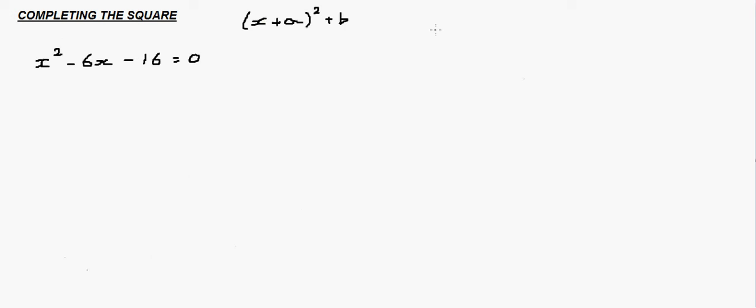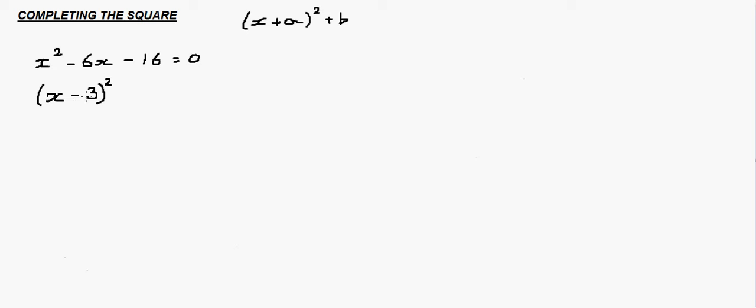Okay. So we've got a new equation here. x squared minus 6x minus 16 equals 0. So we put it in this form. We take one of the x's, the sign, and half of the coefficient value, and we square it.